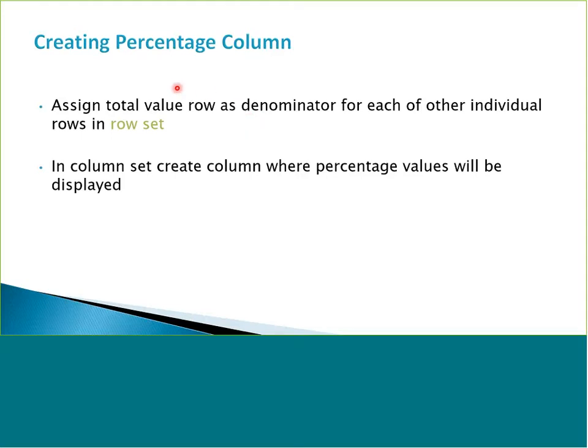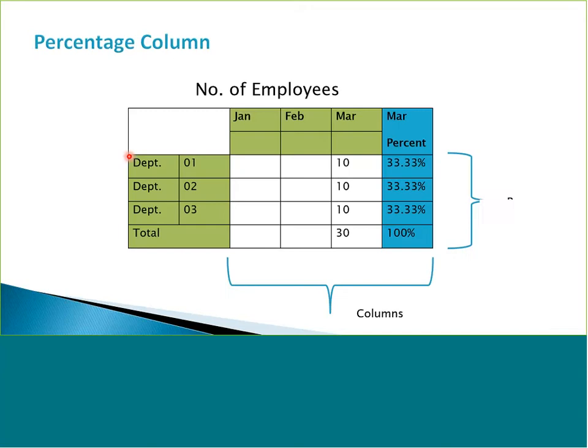So we need to tell the system that the total value row should be used as the denominator for each of the other individual rows so that we can arrive at the percentages. So let's go back to this. What am I trying to say? I'm trying to say that we have this total value row, which adds up all this information that we provide here.